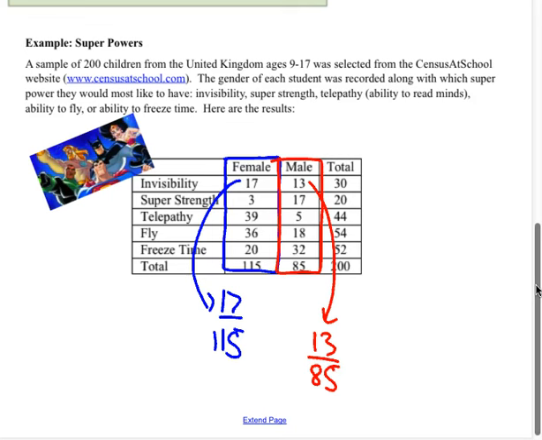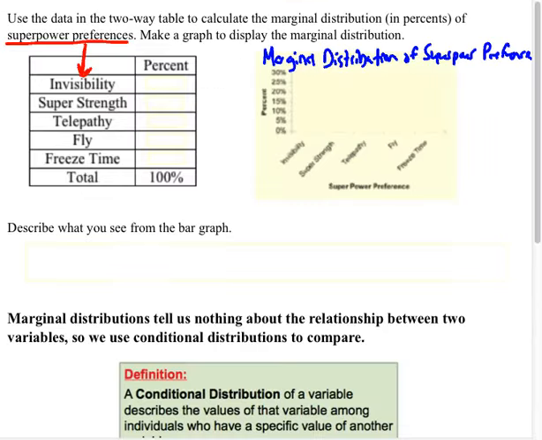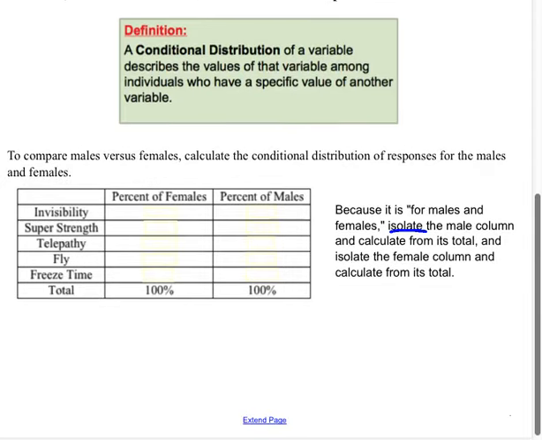So this time we're looking at that comparison. The conditional distribution is breaking it down: if we're comparing gender, isolate those separately in your table, and now you're finding the percent only within that particular category. 17 out of 115 females, 13 out of 85 males. And when you do that, you get those results.